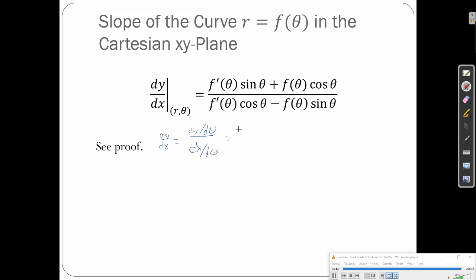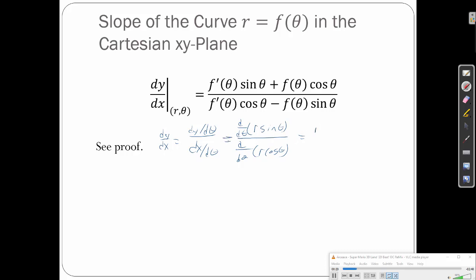And we know from the last section that is the same thing as the derivative of r sine theta over the derivative of r cosine theta. Now r is probably a function of theta itself, so we do have to use product rule up here.